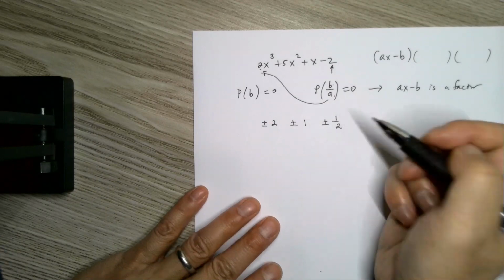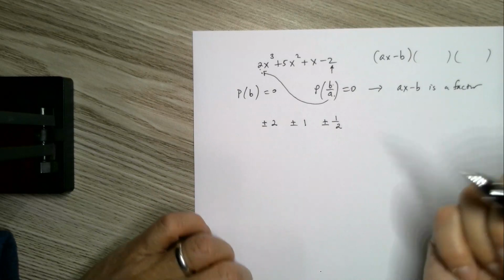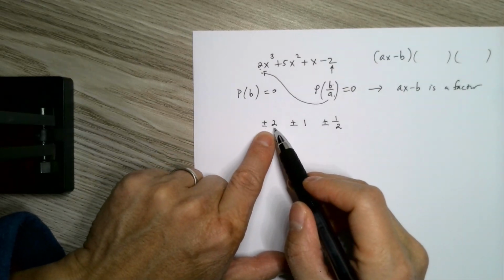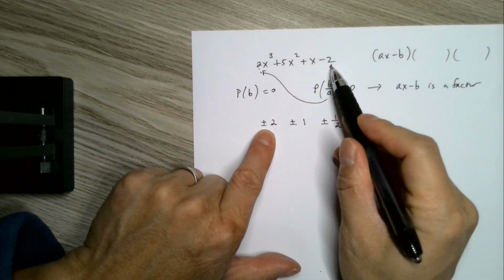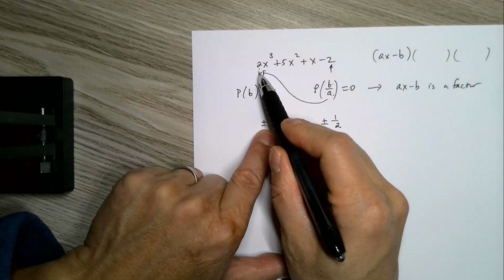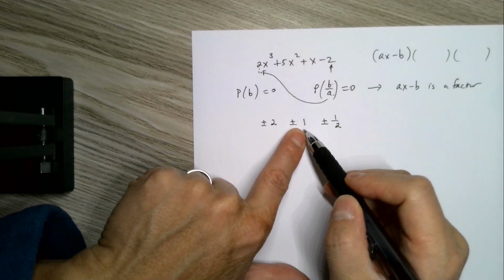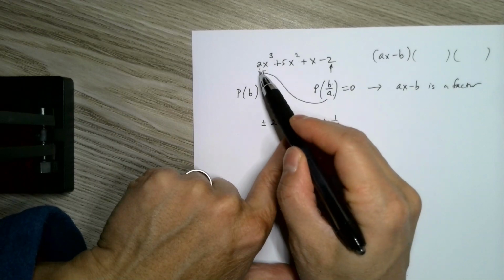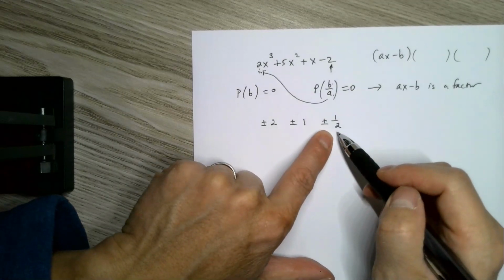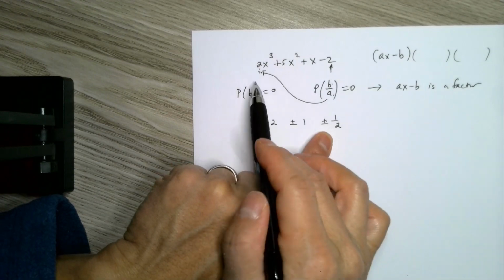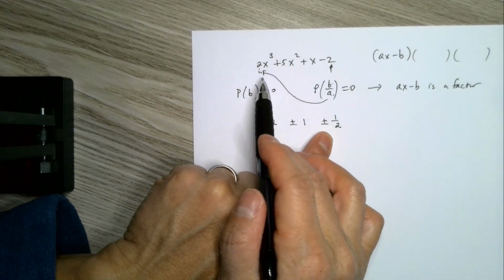Okay, so let me explain where those came from. So the plus or minus 2 would be the 2 that is a factor here over the 1 that is a factor of this. 1 would be 1, which is a factor of this, over 1, which is a factor of this. 1/2 came from 1, which is a factor of this, over 2, which is a factor of this.